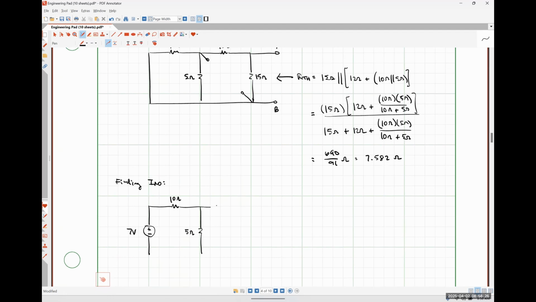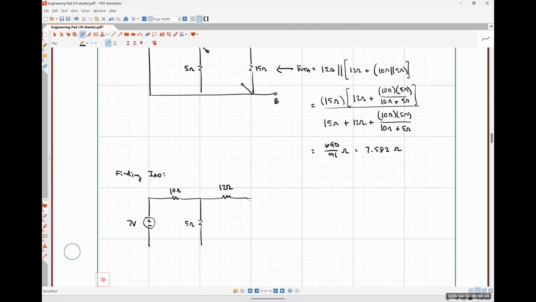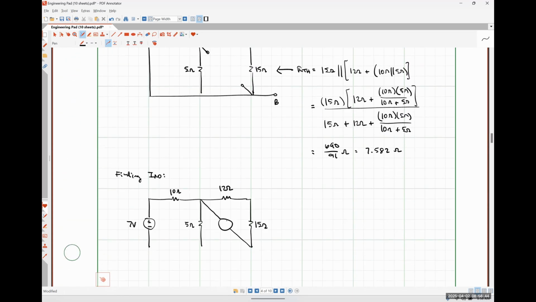Our 5 ohm resistor. 12 ohm resistor. 15 ohm resistor. I believe this was a 2 amp source blowing up and to the left. Here's terminal A, here's terminal B. I'm short circuiting my terminals, and my Norton current will be found direction down.